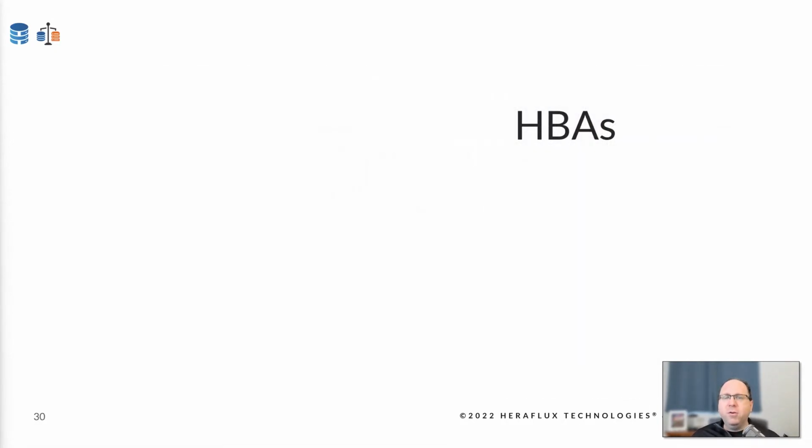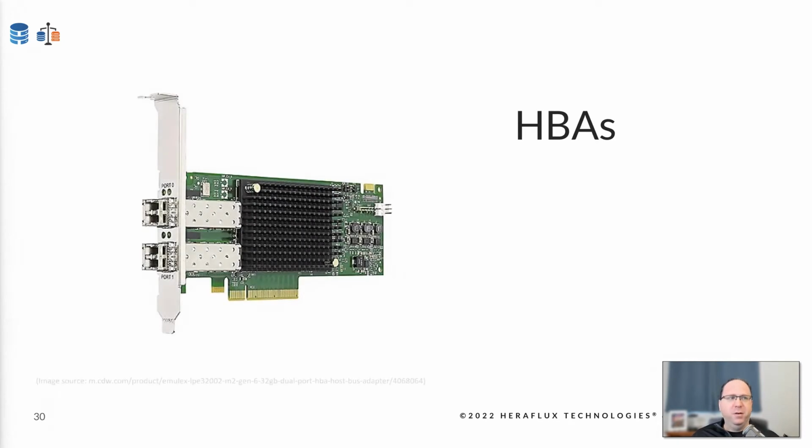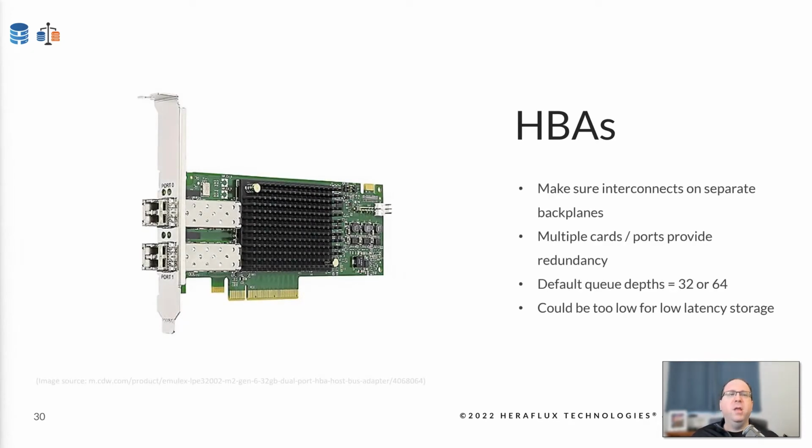Now, your interconnects, the HBAs on here, if you're still running Fibre, make sure your interconnects are on separate backplanes. Usually we want redundant cards in there so that if one fails, we just get an email and nobody notices. Every one of these HBAs has a default queue depth. Usually, the faster you go, you'll see a queue depth of 32 or 64.